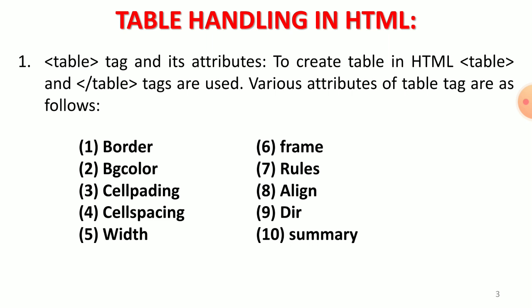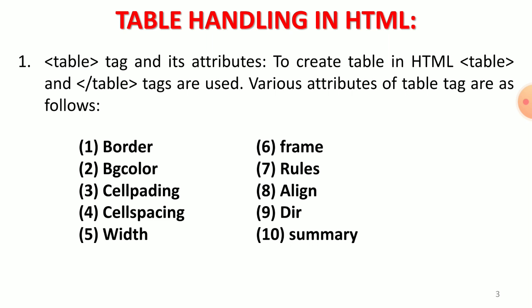Fifth, width. This attribute is used to specify the width of the table. The value is given either in pixels or as a percentage of the available space. Sixth, frame. This attribute controls the outermost border of the table.